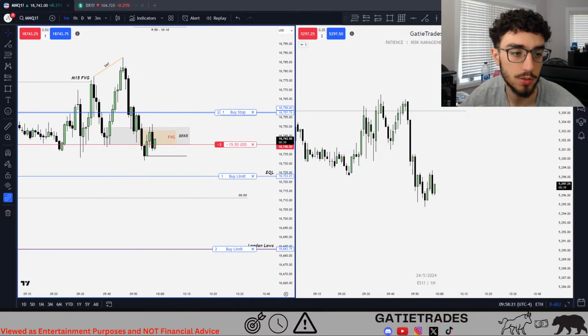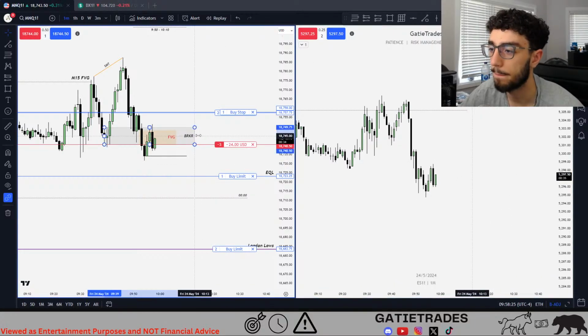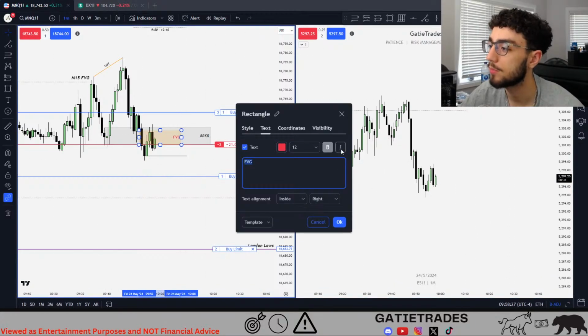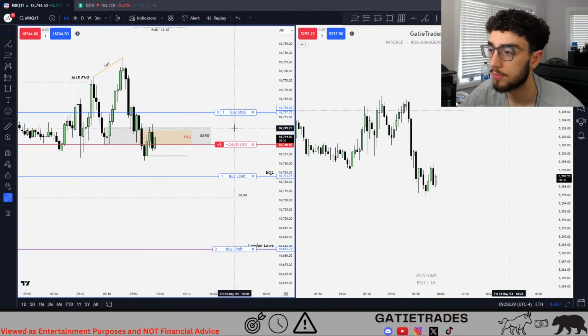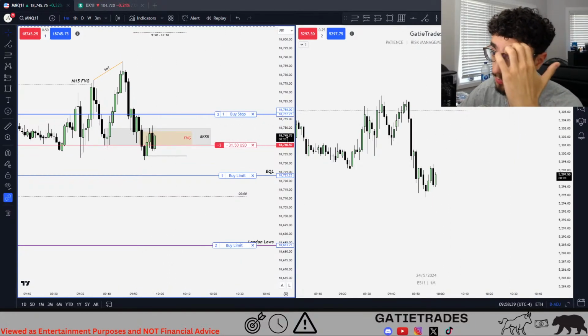Hopefully this candle should close bearish. Media rebalance on 5 minute. Yes, it's a good close down. Yep, that was a good close down. This candle is kind of consolidating right now. Let's see.